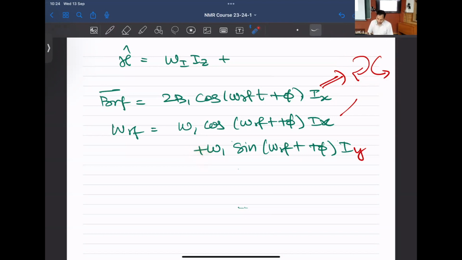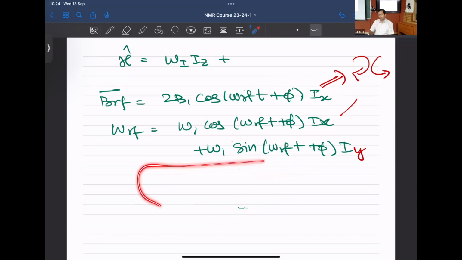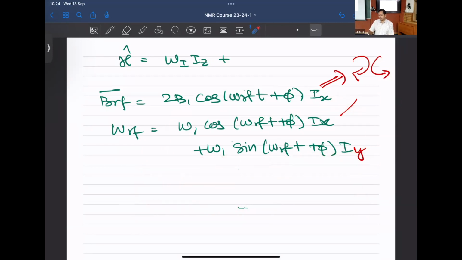So similarly, of course, the plus omega_1 cos part minus omega_1 sin part doesn't interact, is what we said. You can either take that for the interaction or this for the interaction. We also said what is the contribution of the other part? It's the Bloch-Siegert shift that goes as B1 squared divided by 2 B0 or something. Since B0 is much higher than B1, that's a very small term and therefore it won't contribute much. Correct? So that's the same set of arguments we are making here.